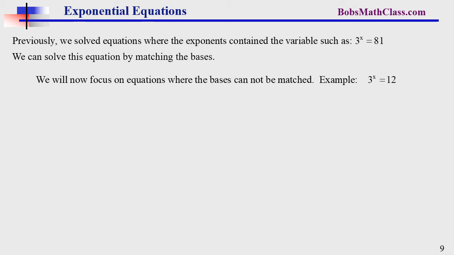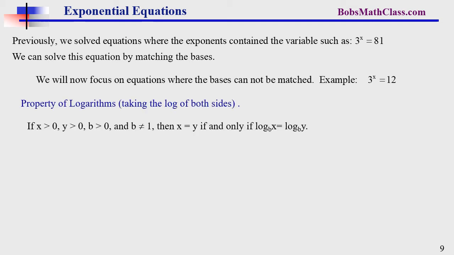Well, it's got to be more than 2, less than 3. 3 to the third is 27. 3 squared is 9, so it's somewhere between 2 and 3, and we're going to find that and round it. It's not going to be a perfect answer. We're going to have to round it to whatever the directions say.